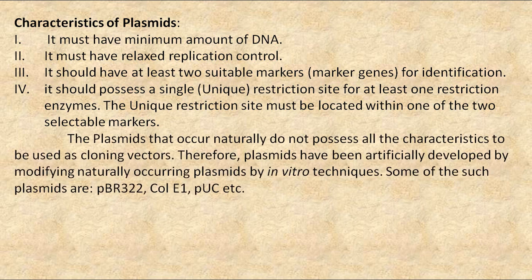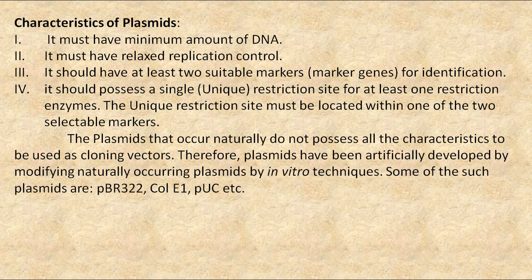The plasmids that occur naturally do not possess all the characteristics to be used as cloning vectors. Therefore, plasmids must be artificially developed by modifying naturally occurring plasmids by in vitro techniques.